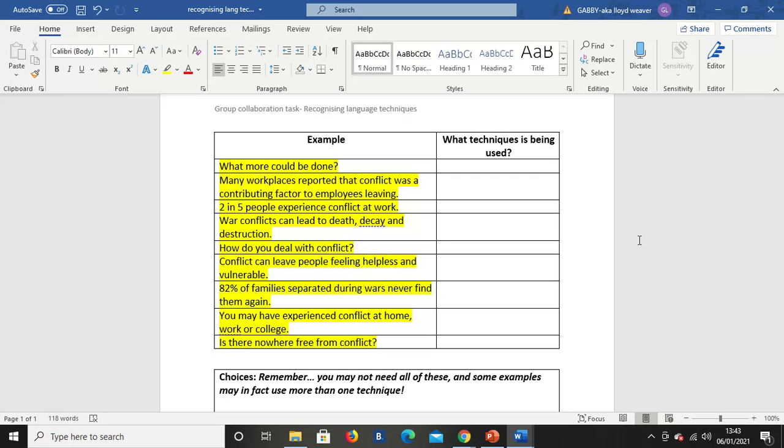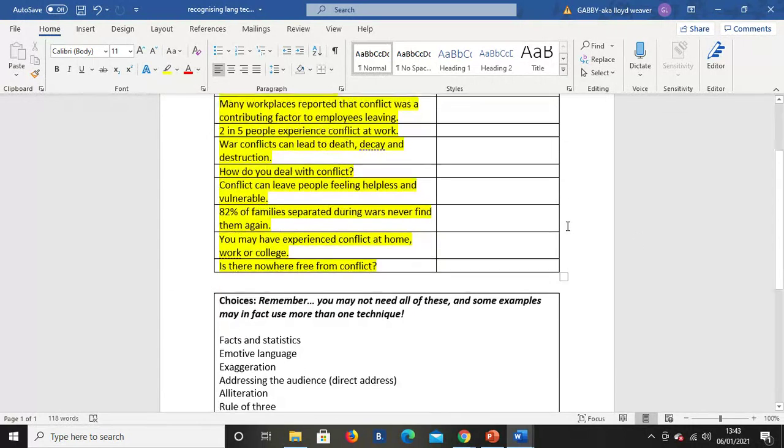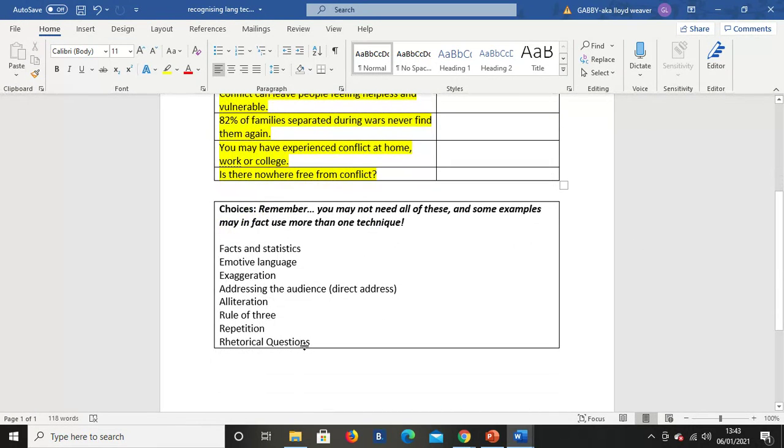So each of these sentences is using at least one language technique that we've just talked about. Some of them might in fact be using more than one and combining them together. Underneath is a list of the potential techniques it could be, but it might not be all of them.